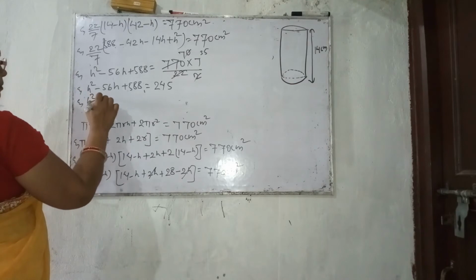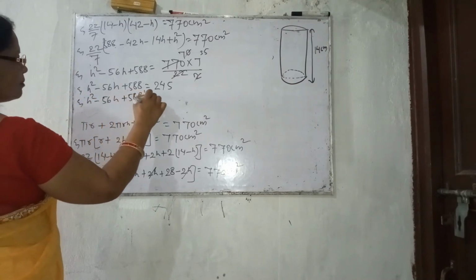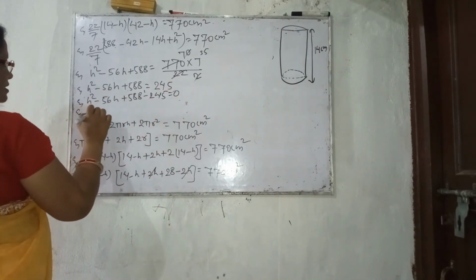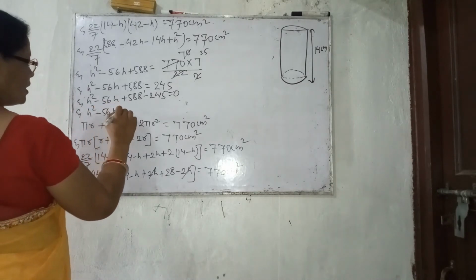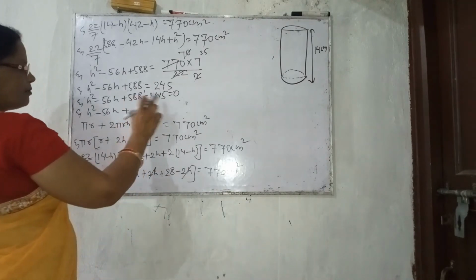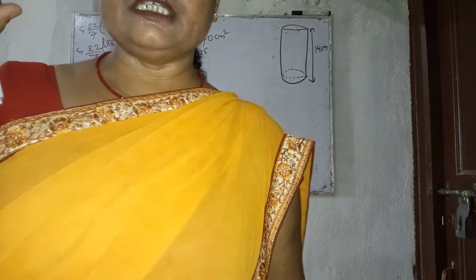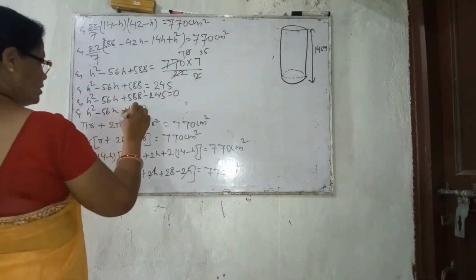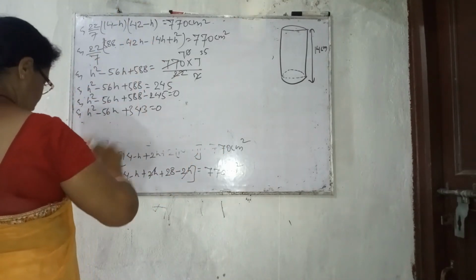Now h square minus 56h plus 588 minus 245 equal to 0. 588 minus 245 will be 343. So h square minus 56h plus 343 equals 0.